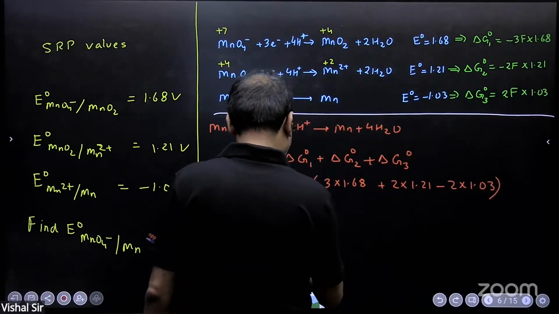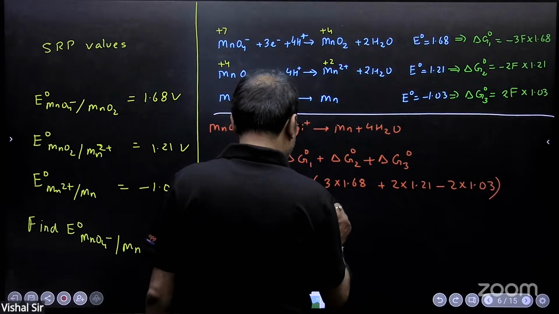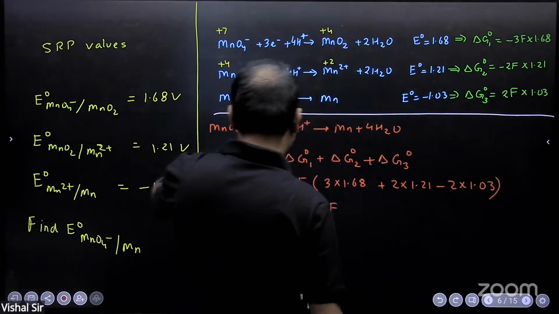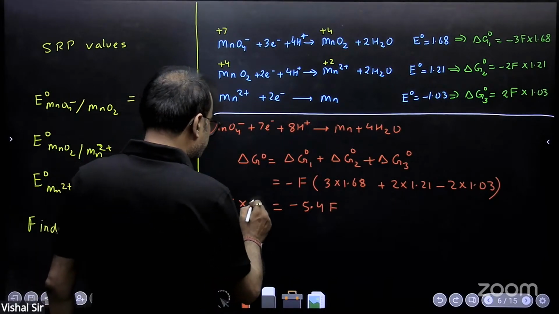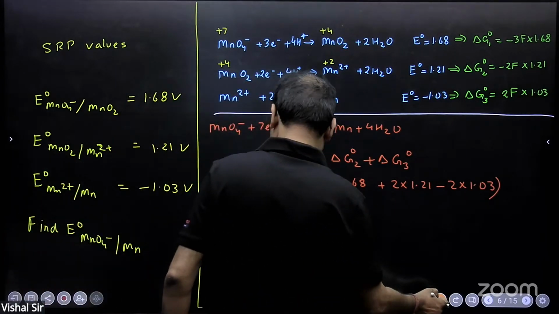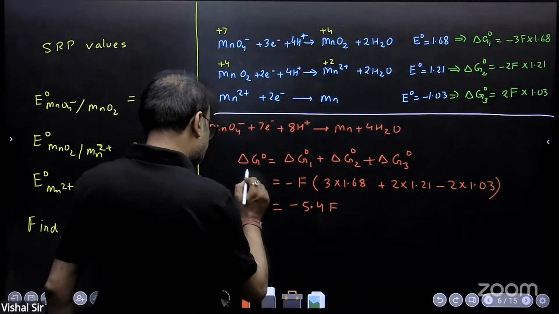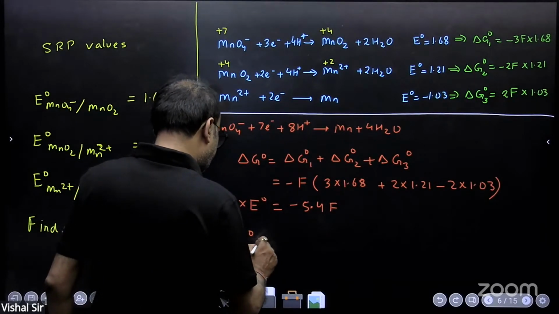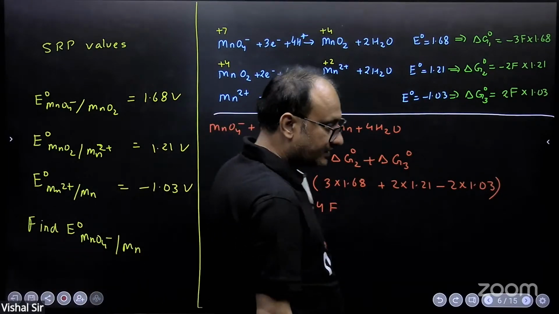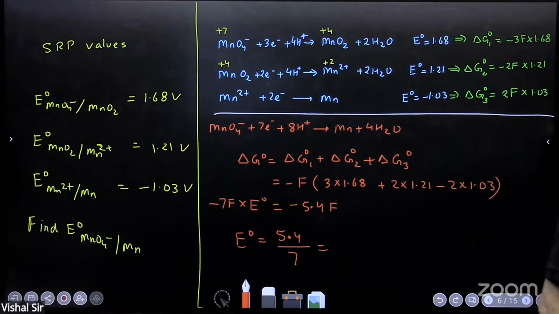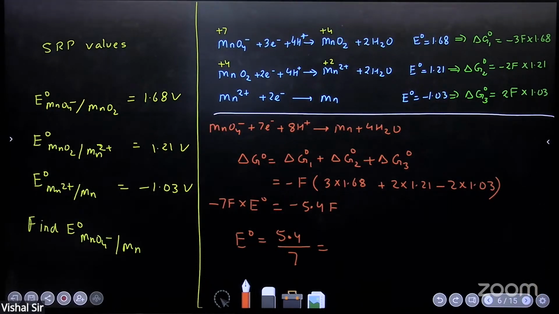So this becomes minus 5.4 F. And for the overall reaction, you can see n factor is 7. So this should be minus 7F into E naught. So from here, you get E naught as 5.4 by 7, so roughly 0.77 volts you get.